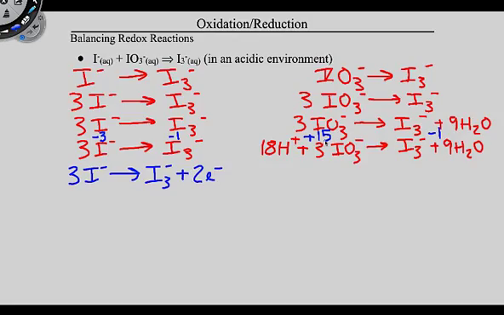Okay, so now we've got to make plus 15 and minus 1 the same, which means we've got to add 16 electrons to the left-hand side.